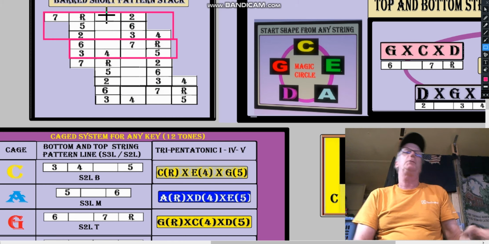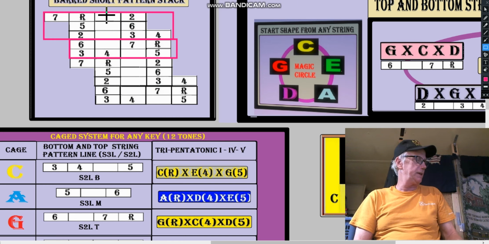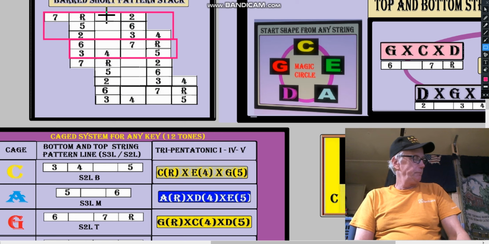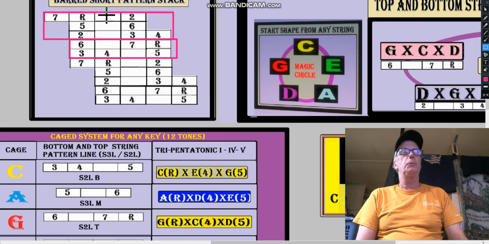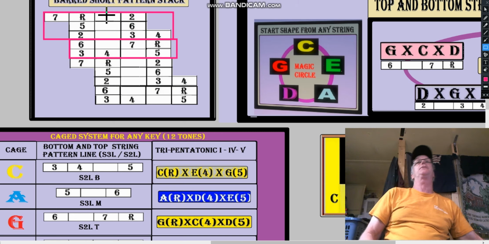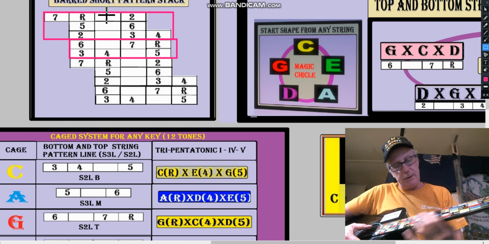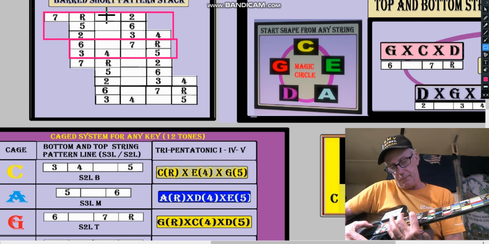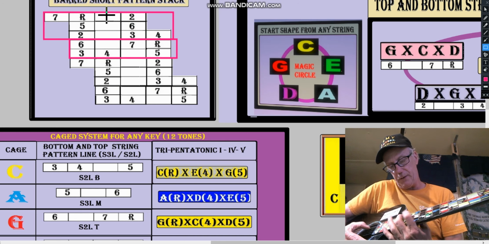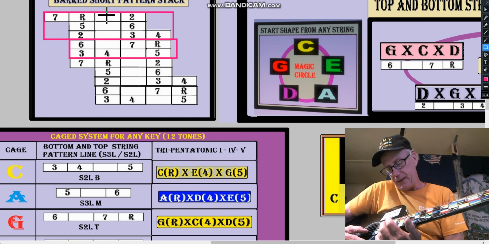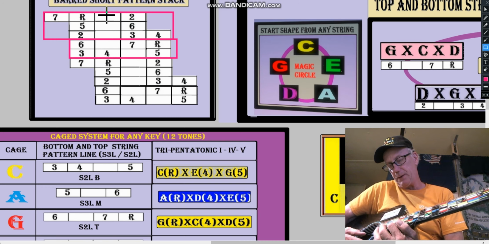That gets you so far, but you want to put a little more feeling into it. So there are patterns that you could really cover a lot of ground with. S3L is one. S3XL is one of them. Where, say, in the key of C, you start an X3XL, you go 2, 3, 4, 5, 6, 7 root, 2, 3, 4, 5, 6, 7 root, 2, 3, 4, 5.